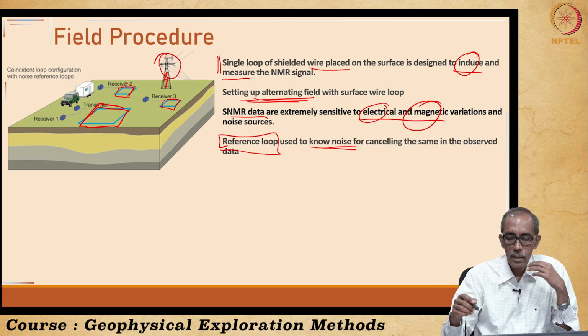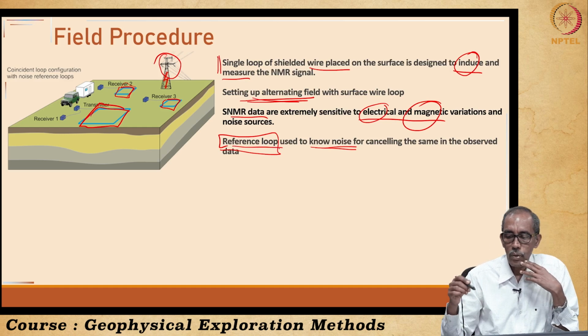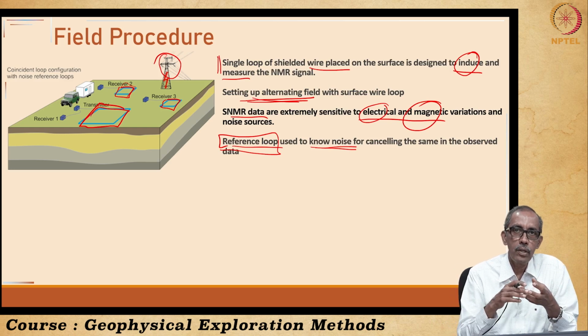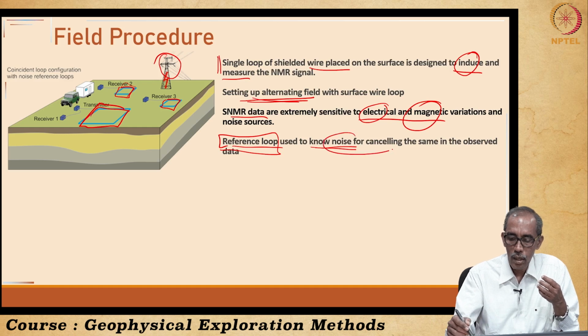That means these reference loops are used to get the noise level. The same noise level will be applied to the field measured data. This process is known as noise cancelling.